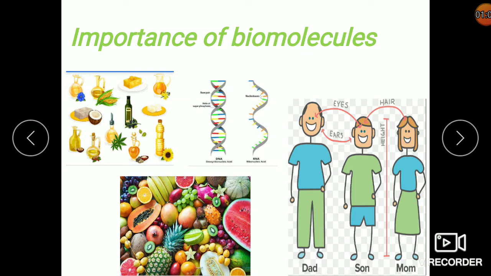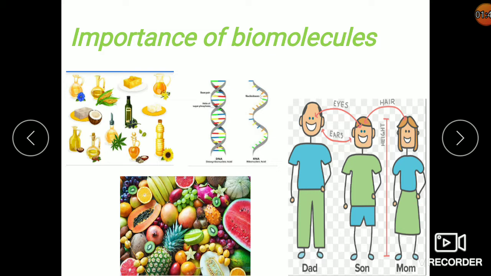For example, the carbohydrate and protein we consume in the form of food, these fruits, oil, fats, fish, egg, whatever you are taking, it gets deposited and makes the structural unit of the body. Then sometimes when we fall sick, we take medicine, and it makes the body function in the proper way. There also the biomolecule works.